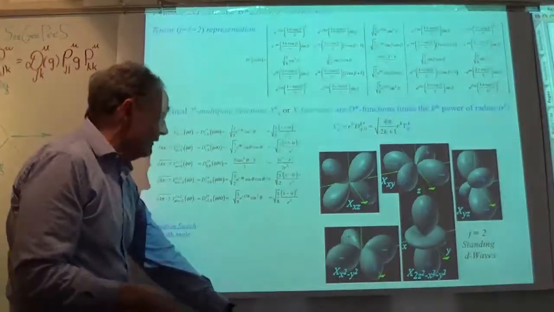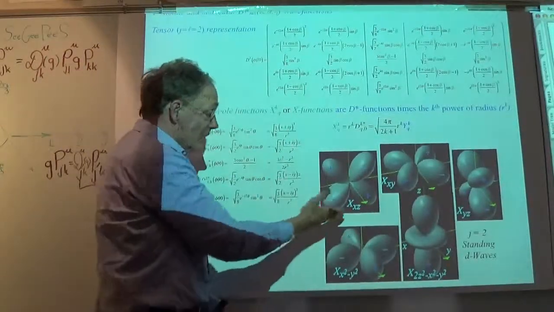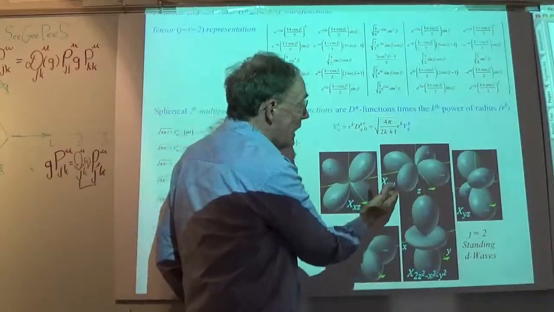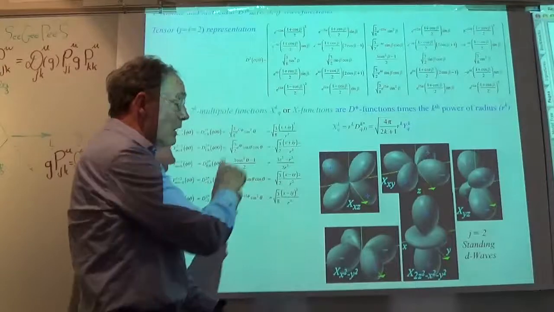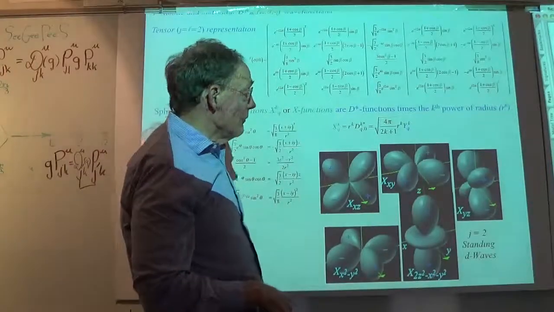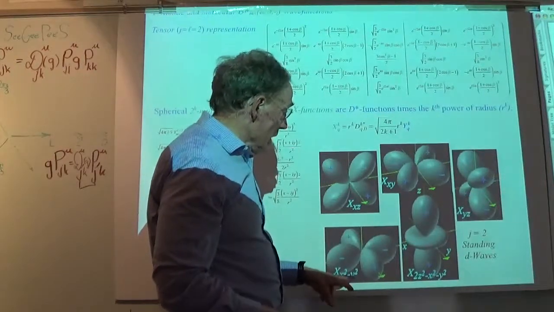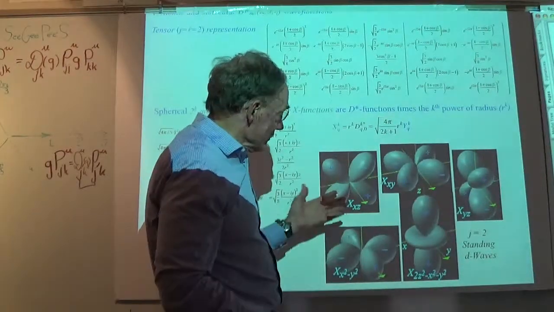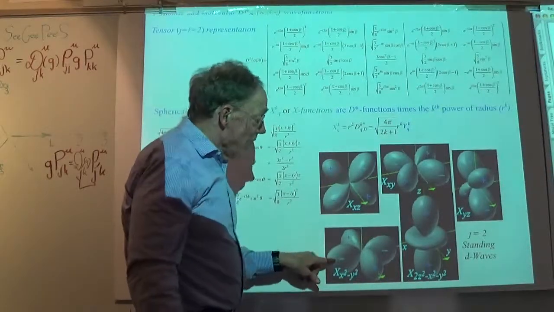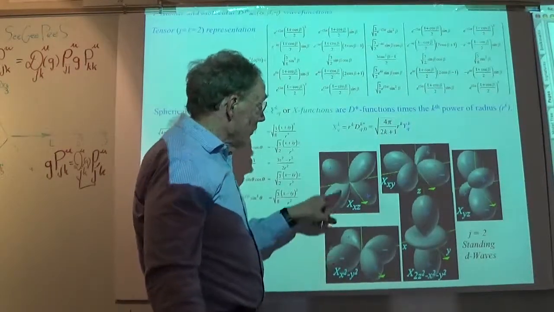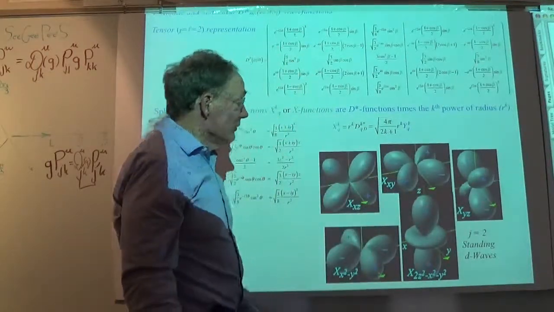They're standing waves. We've done sums and differences between these to make xz, xy, and yz waves according to these other formulas that we just put up here. And then there's x squared minus y squared right here, which is just this thing turned so that it now has antinodes on the Cartesian axes, whereas all of these things are avoiding all 3 of the Cartesian axes.